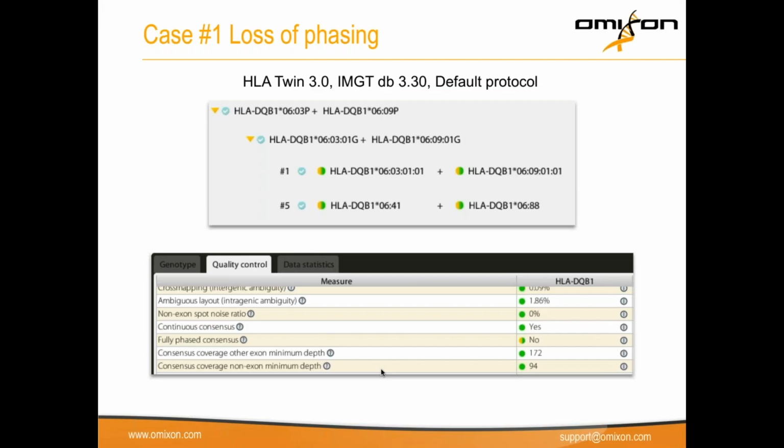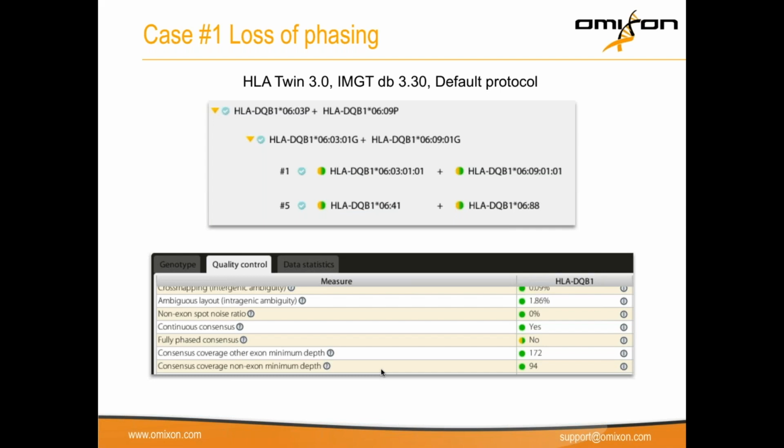This first sample is representing a case when you get the second field ambiguous result due to a phase break. As you are all aware, the advantage of next-generation sequencing over standard SBT is that next-generation sequencing can tell you whether the nucleotide at the very first polymorphic position is on the same chromosome like the latest polymorphic nucleotide.